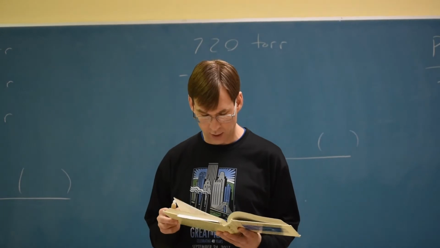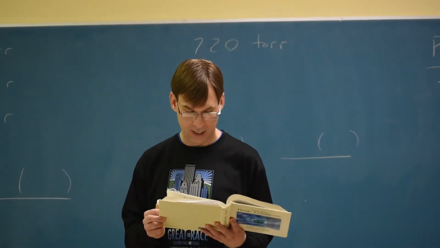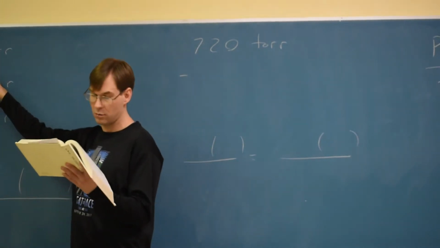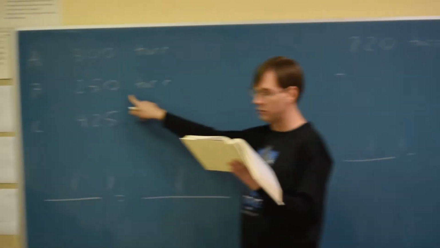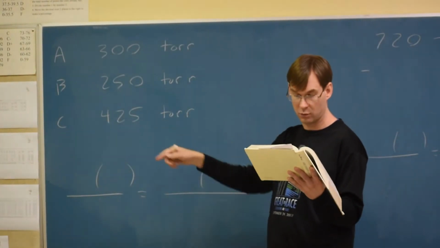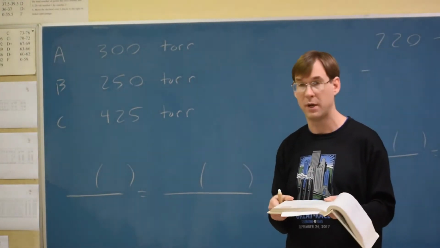It says a 1 liter cylinder at 27 degrees contains a mixture of 3 gases. Gas A is 300 torr, gas B is 250 torr, gas C is 425 torr, and they say calculate the total pressure in torr of the mixture.